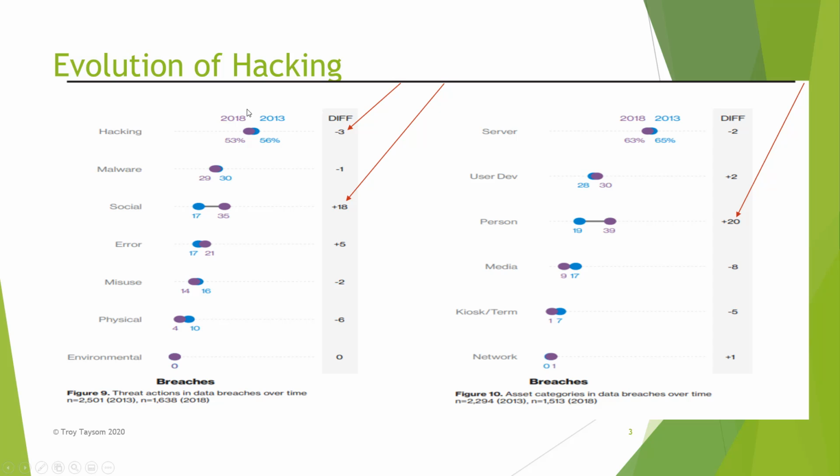So as you can see here, in 2018 versus 2013, in 2013 more people were actually hacking than they were in 2018, meaning they were doing something directly to a system to attempt to breach it somehow.